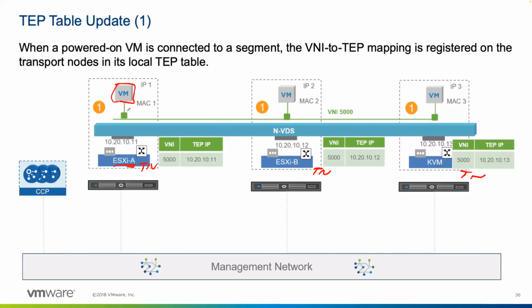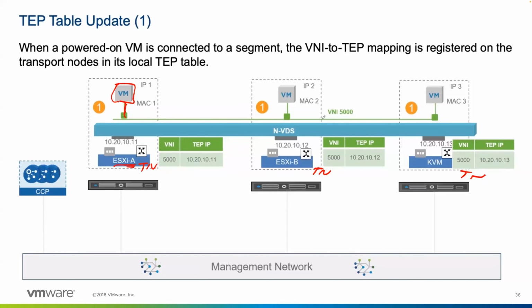When the new VM is powered on or started, NSX just cares about which NIC, or what segment, it is attached to.